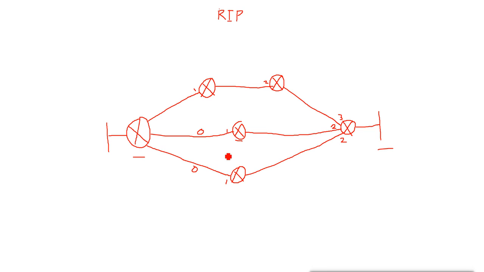OSPF will also do the same. If these two paths are equal, it will calculate the cost. The OSPF metric is cost. So if OSPF sees that both paths have the same cost, it will do load balancing for these two paths.